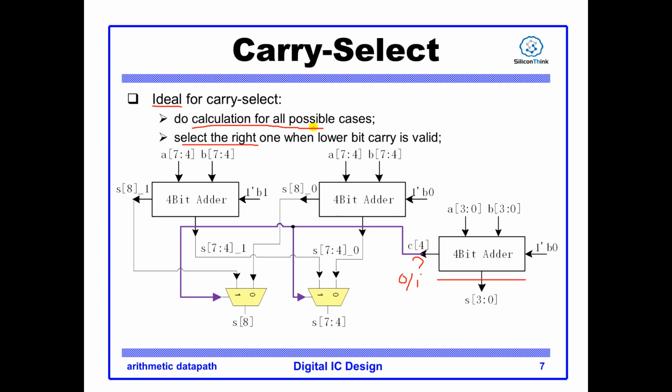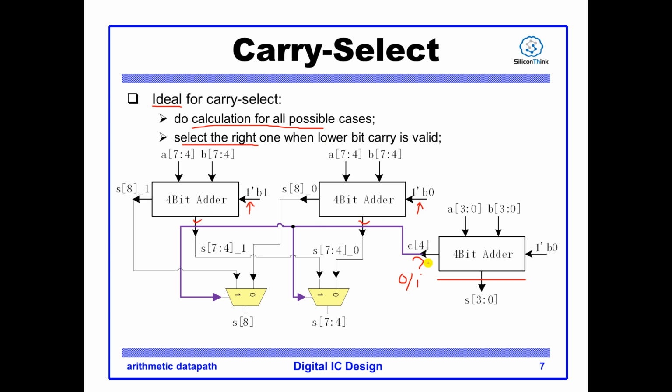You can try all the possible cases. That is, we enter a 4-bit adder here and guess the C-in is 0. Also, we have a 4-bit adder where we guess C-in is 1, and calculate the sum at this point and this point.